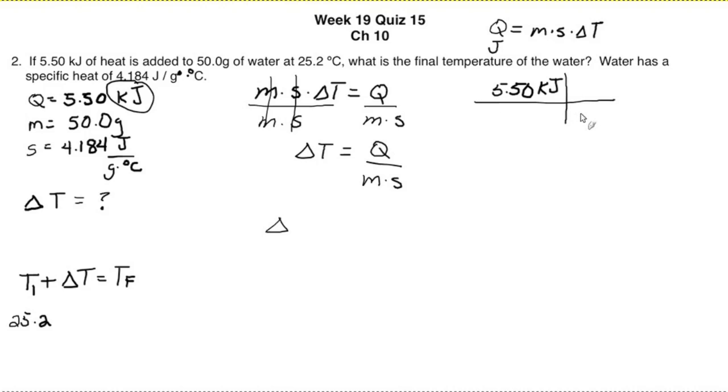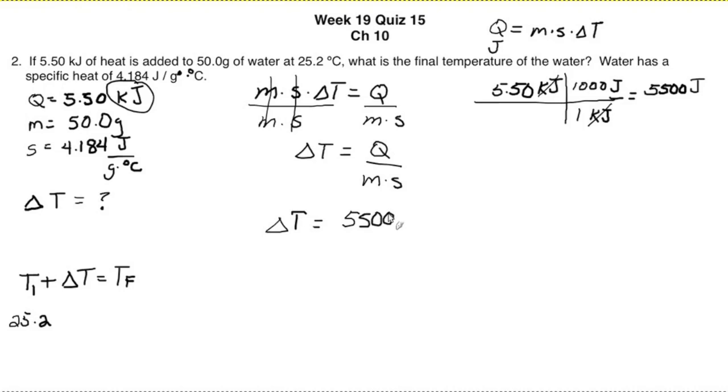And so we know that 1 kilojoule is equal to 1,000 joules, which gives us 5,500 joules. Okay, so just remember that when you're working with this equation, you need to work in joules and not kilojoules. So if you're given something in kilojoules, you're going to need to change that before you put it into the equation.